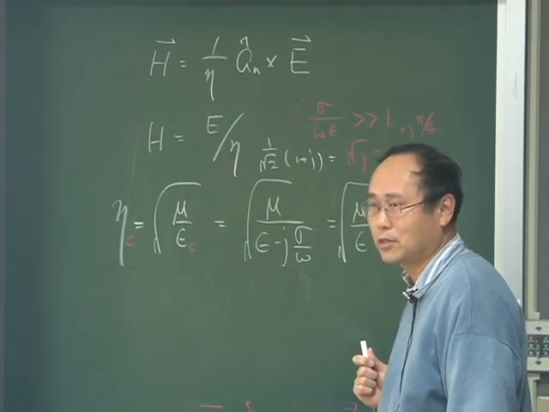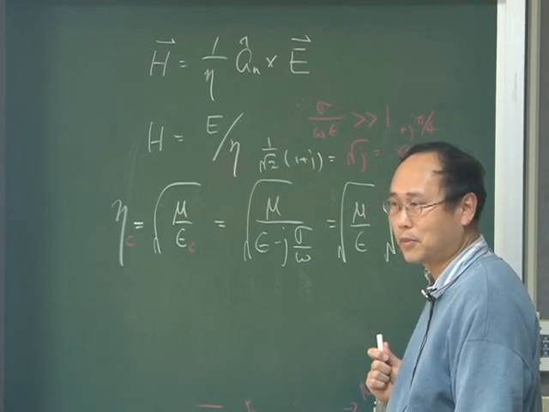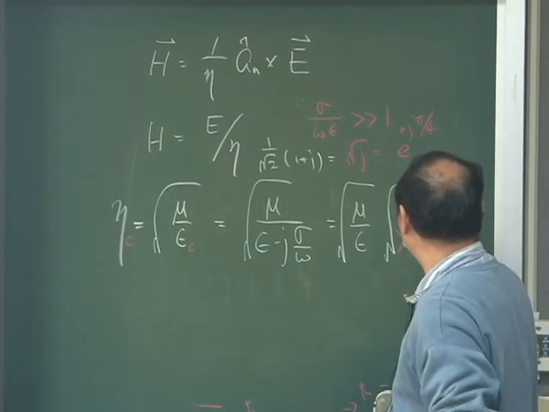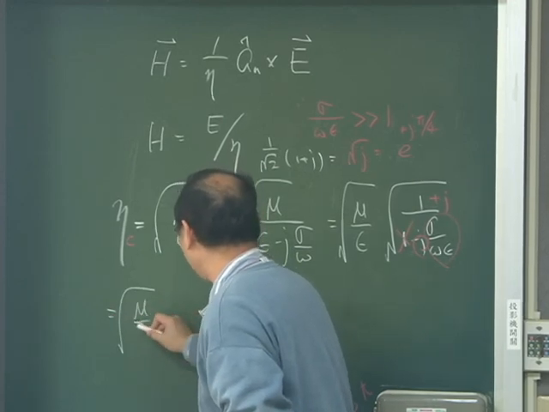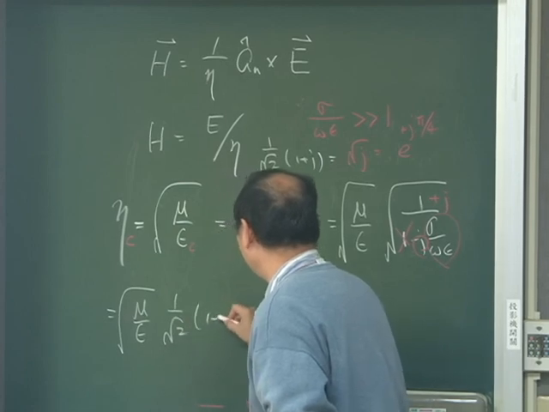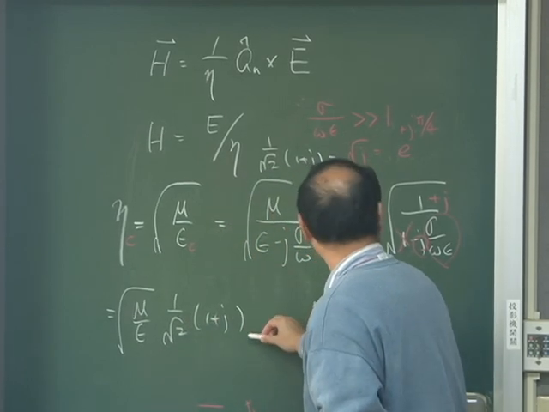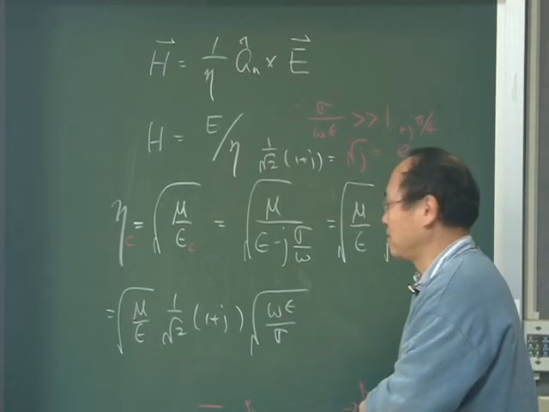I go through this one step by step. Hopefully you can follow my calculation. OK, 所以这里可以把它拿开了，这里变成 square root of mu epsilon, and you have 1 over square root of 2, 1 plus J. And then now you have a square root of omega epsilon over sigma.